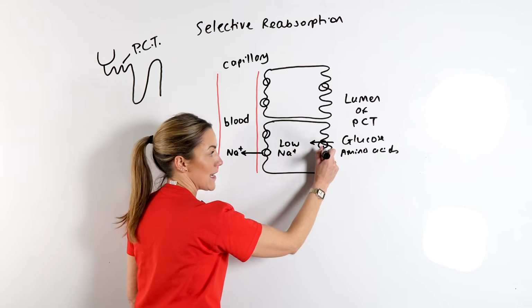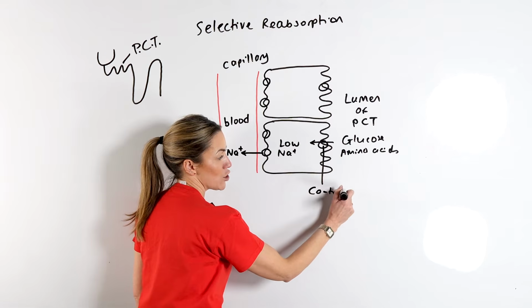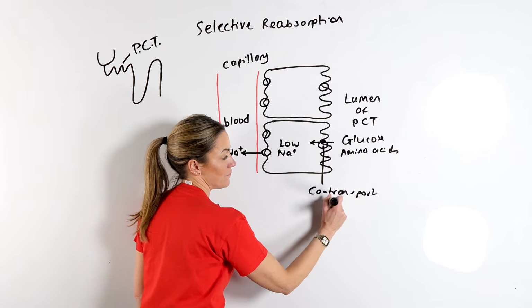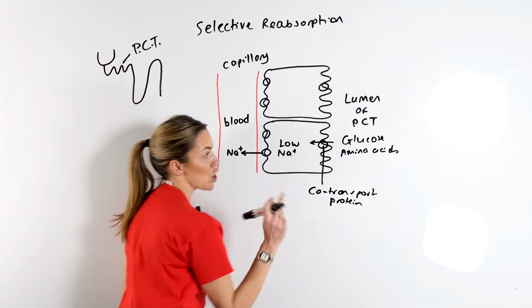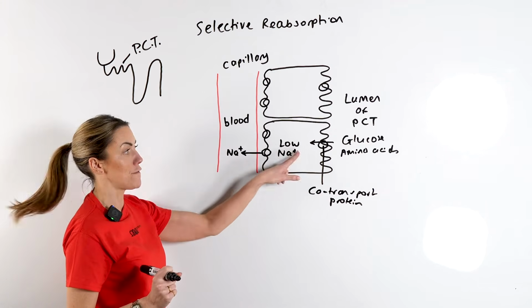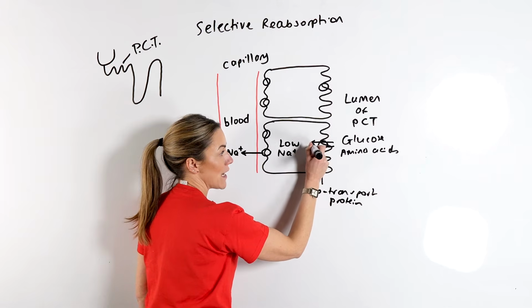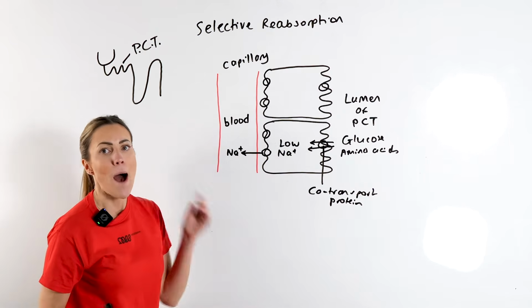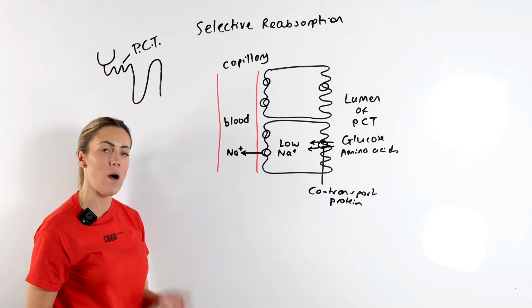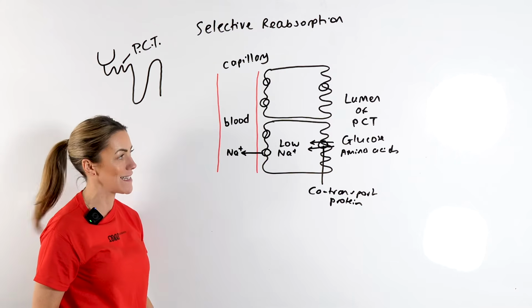But this is a co-transport protein. So as the sodium ions diffuse in down their concentration gradient, they will carry with them a molecule of glucose or a specific amino acid.